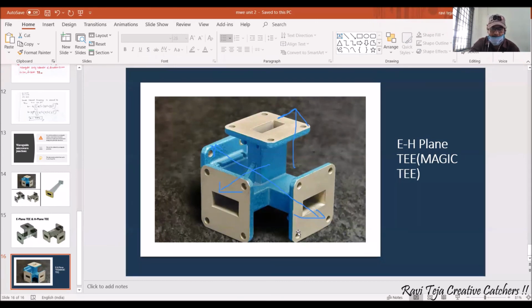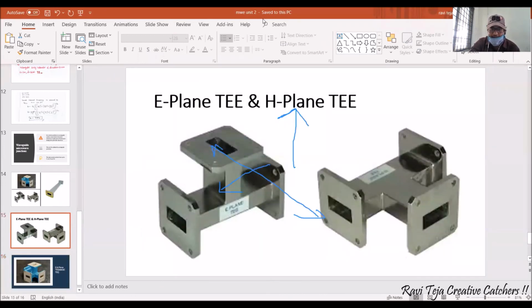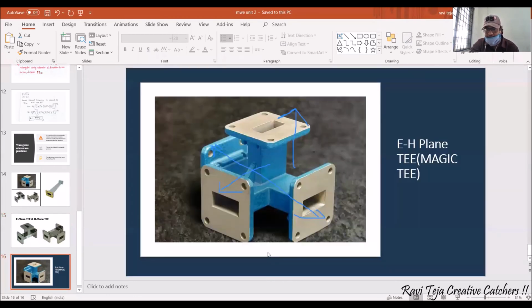Whenever a microwave signal needs to be split into several directions, we need to use microwave junctions. The most popular microwave junctions are the E plane T, the H plane T, as well as the combination of these two, which is the EH plane T, also called a magic T.